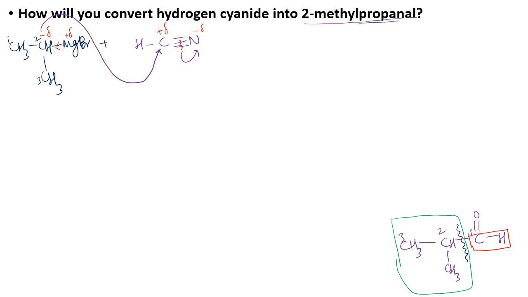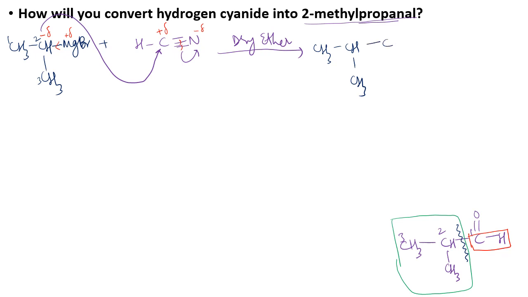So we will write the arrow with dry ether condition, and we will complete our equation. So this is the CH3, CH and CH3 part, which is attacking the carbon.